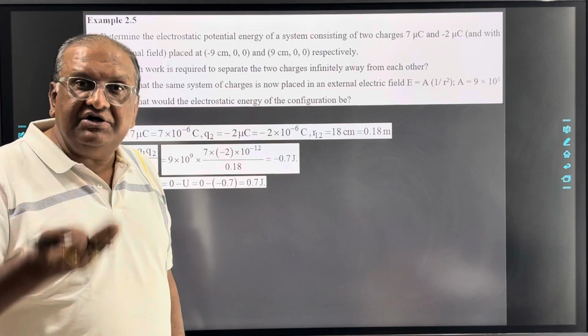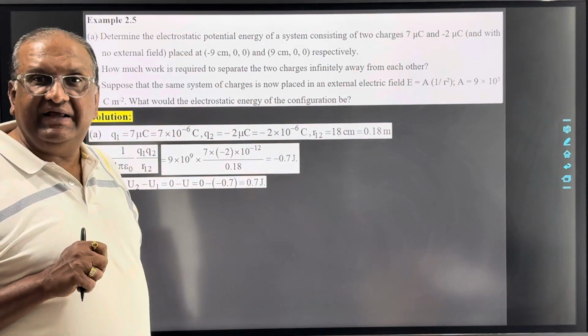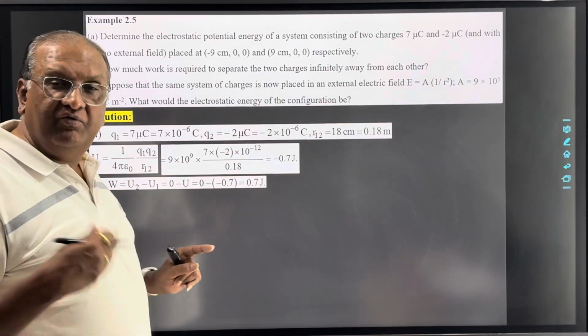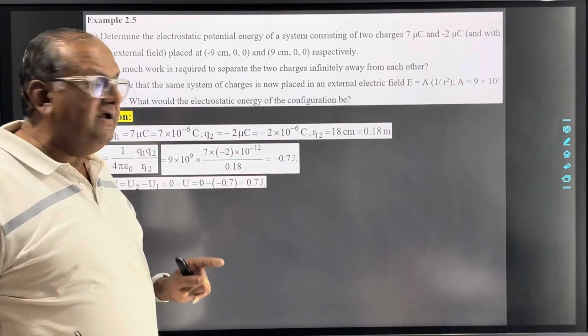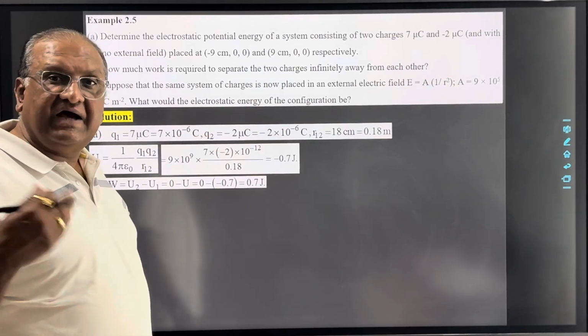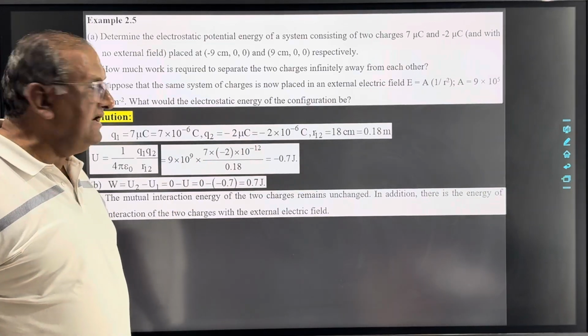But in addition to that, two more potential energies will be there. One, that is due to interaction of charge q1 with electric field, and another one, that is interaction of charge q2 with electric field. Clear?